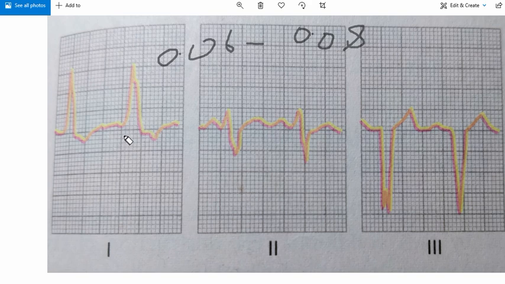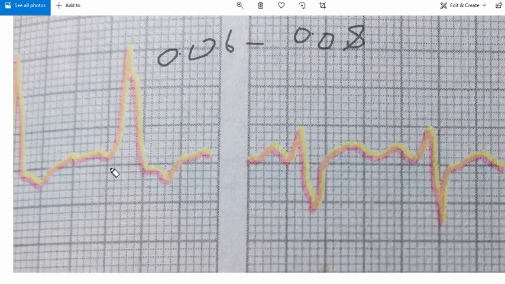Whereas as you can see in this figure, our QRS complex covers approximately 5 small boxes, whereas in normal conditions it covers only 2. So 3 extra small boxes are being covered by our QRS complex of the ECG.